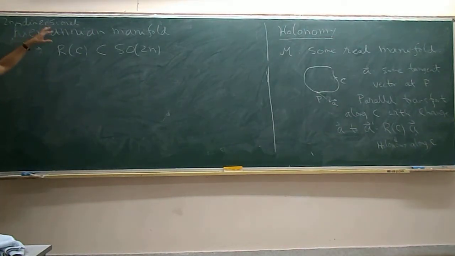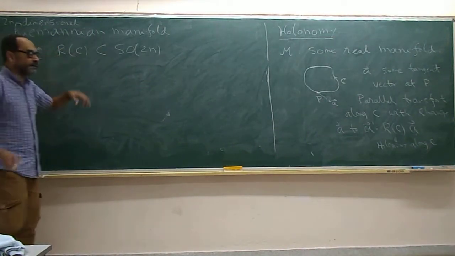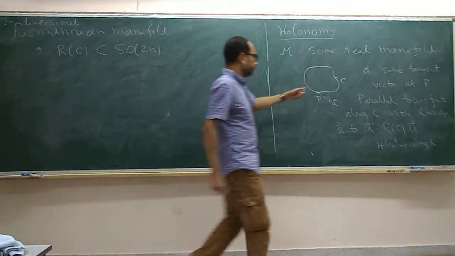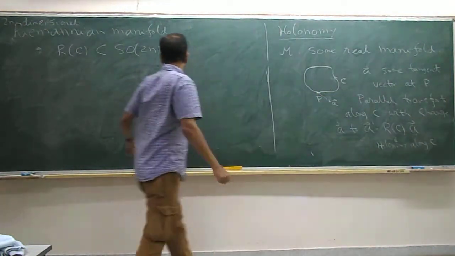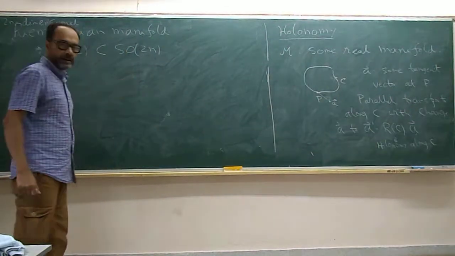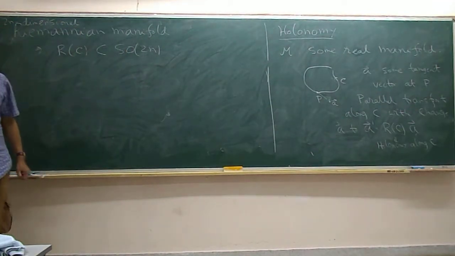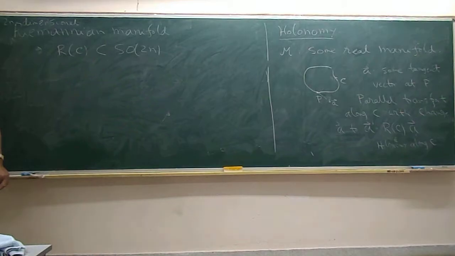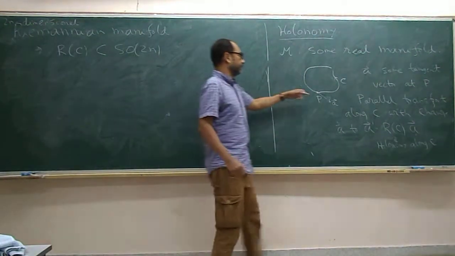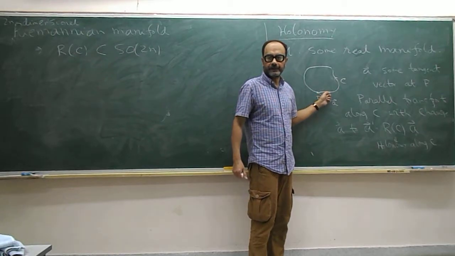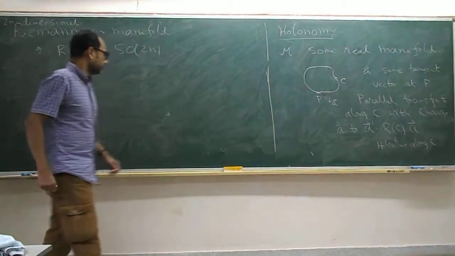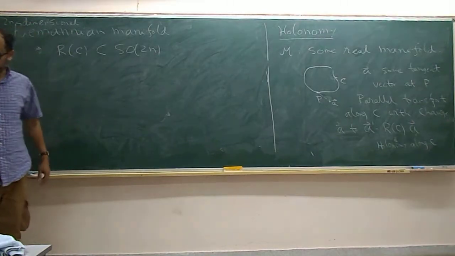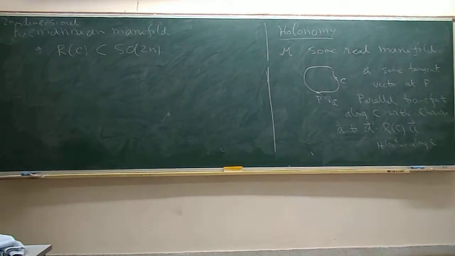So if it's a 2n dimensional real Riemannian manifold, then you know that the norm of the vector is preserved under parallel transport. So we get R_C to be part of SO(2n). Well, it could be O(2n) if the manifold is not contractible. That's a more general situation. Let's take SO(2n) for now.